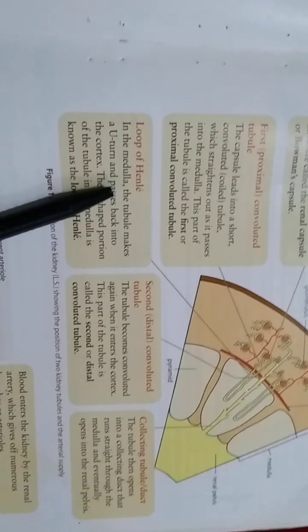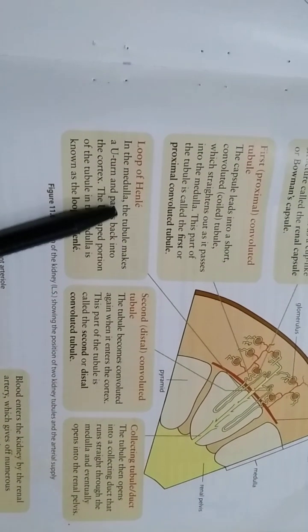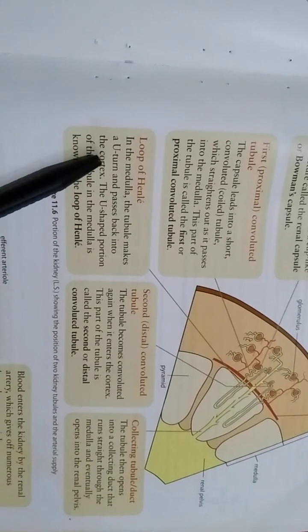Now we discuss the loop of Henle. In the medulla, the tubule makes a U-turn and passes back into the cortex. The U-shaped portion of the tubule in the medulla is known as the loop of Henle.